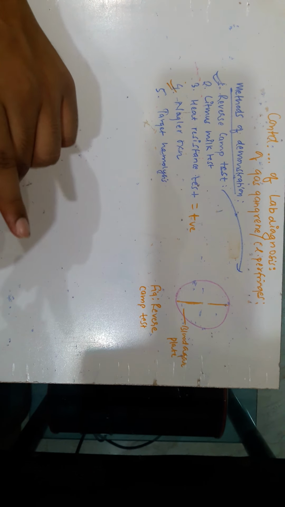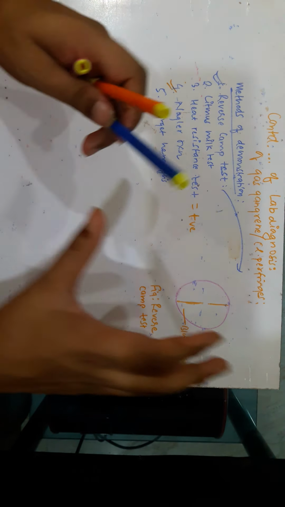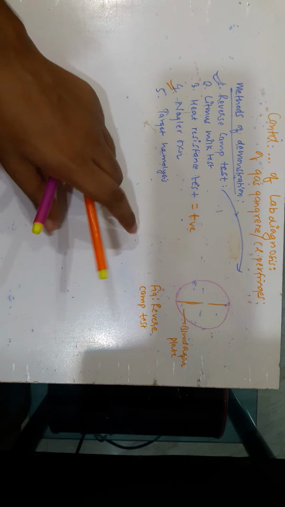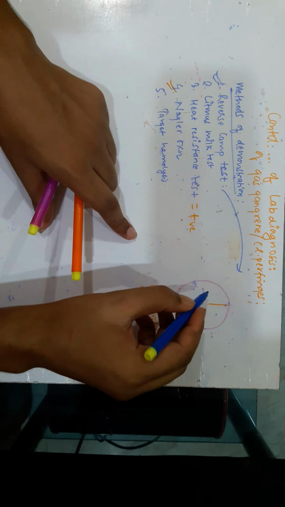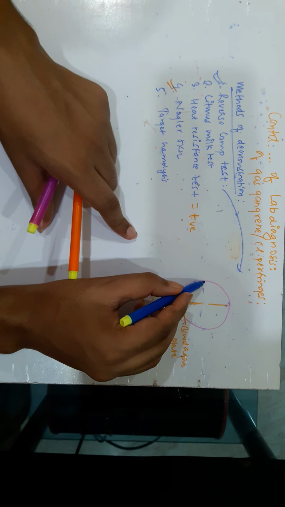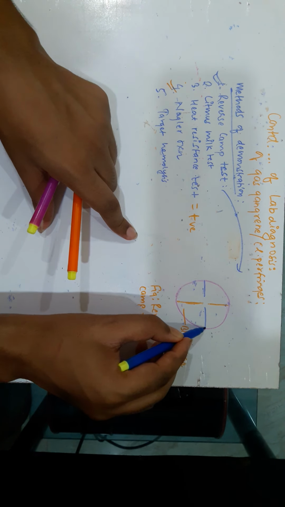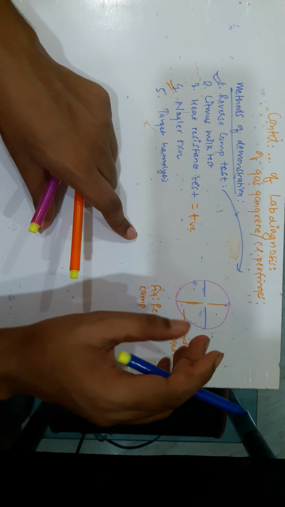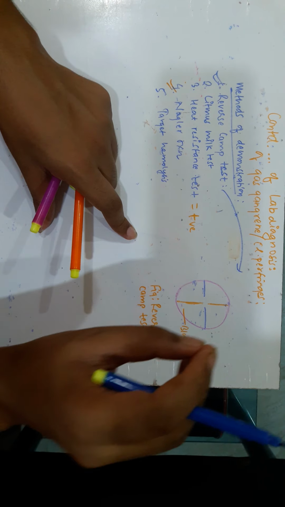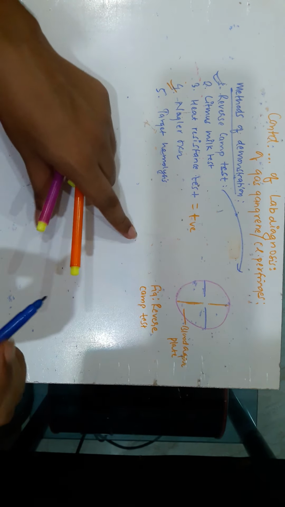Now we draw a horizontal streak that is perpendicular to the streak of group B streptococci, and the streak is of Clostridium perfringens. We draw a perpendicular streak of Clostridium perfringens, that is perpendicular to the streak of group B streptococci.